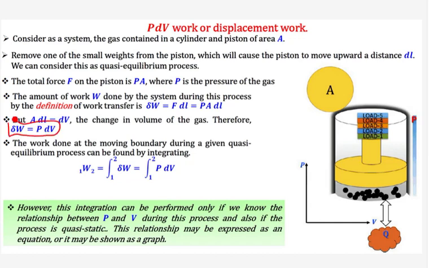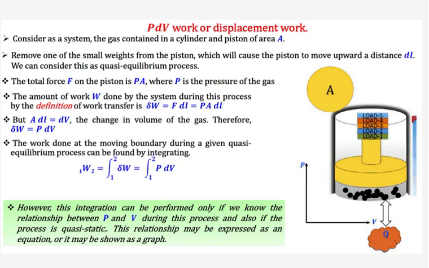This is small work. Now the total work done at the moving boundary during the given quasi-equilibrium process can be given as the integration of this from the initial state to the final state, integration P dV.